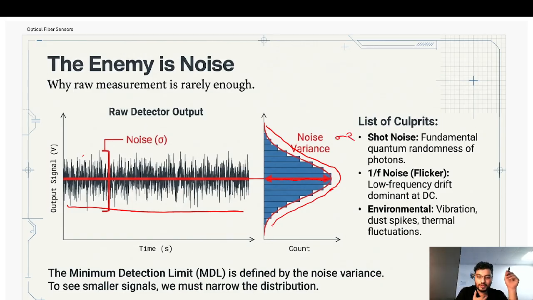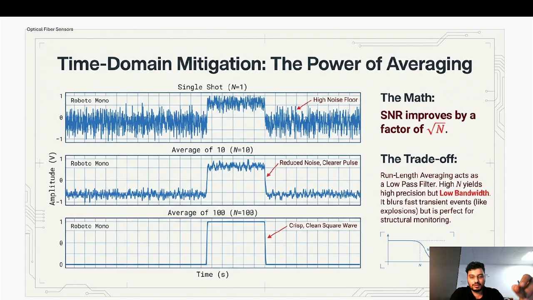To reduce that, we need to do one full scan and collection, and a second one can be the same. If you do this, the noise is reduced: the SNR improves if you do n accumulations, by a factor of root n, square root of n.